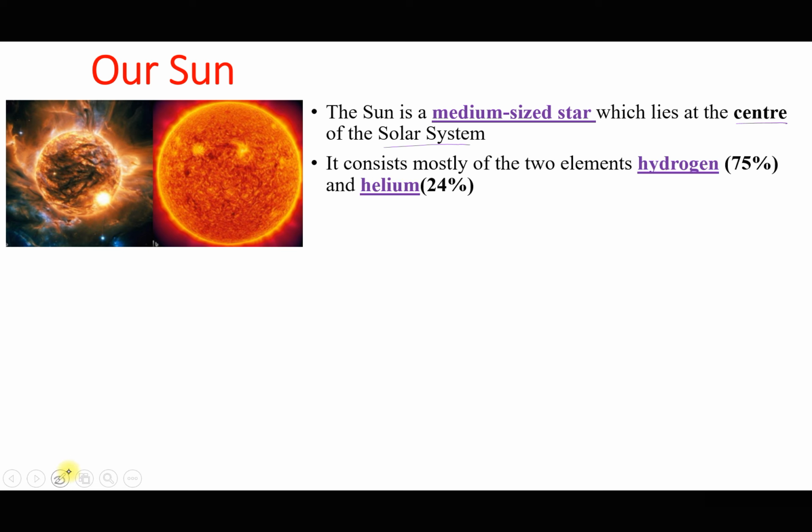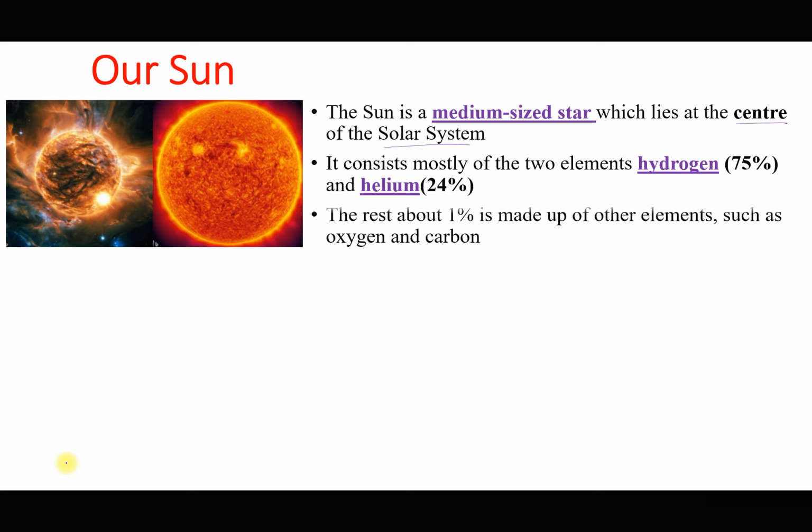The sun is believed to consist of about 75% hydrogen and 24% helium. Of course, the remaining 1% is comprised of other elements such as oxygen and carbon. So the biggest percentage of the sun is hydrogen, 75%, and helium, 24%.